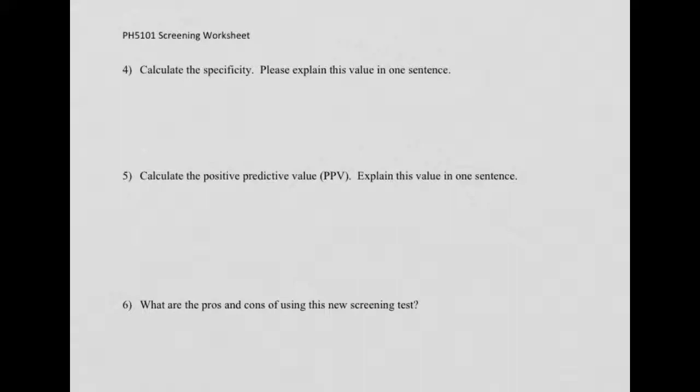Okay, so specificity. If we want to think about that, it is true negatives divided by our true negatives plus our false positives. So basically, these are all people who are actually negative, but they may or may not have tested negative in the screening test.